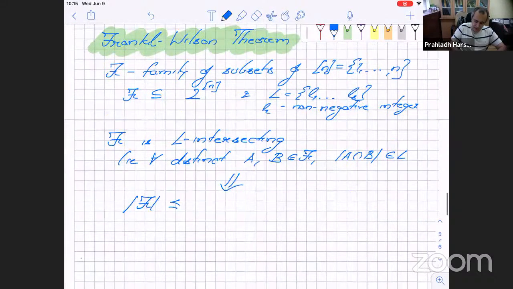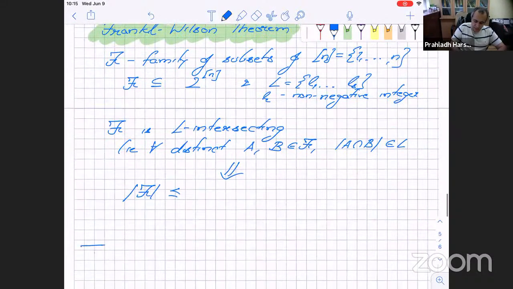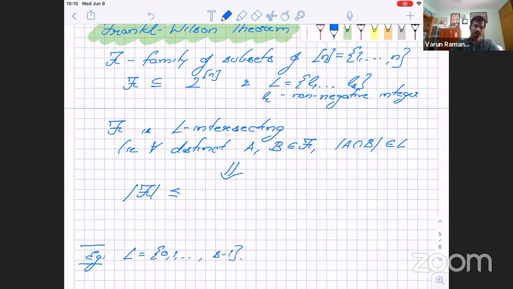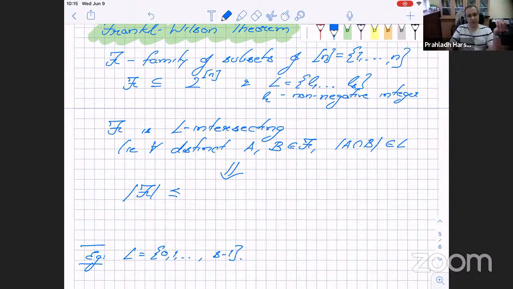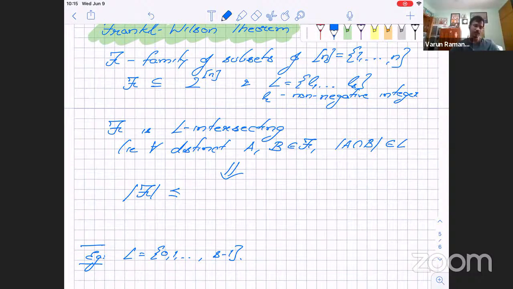But before that, let's look at an example where L is {0, 1, 2, 3, up to s minus 1}. What is an example of a family of subsets? You can take all subsets of size s minus 1. Then their intersection will go up to s minus 2 only, because I'm taking distinct guys. So all subsets. Oh, yeah, okay, s, yeah.